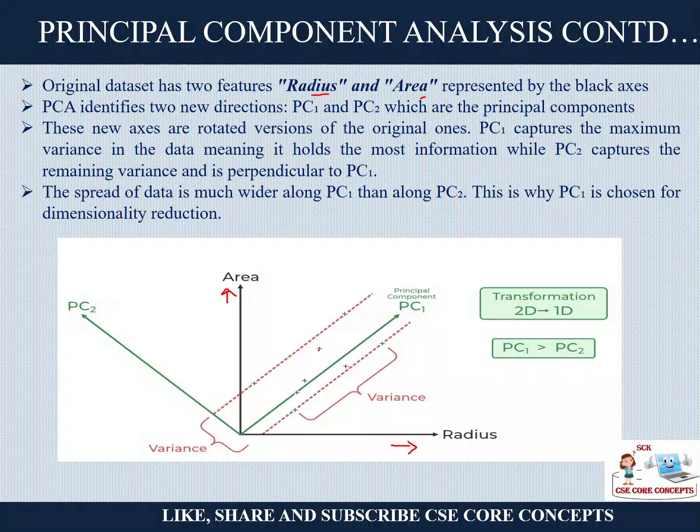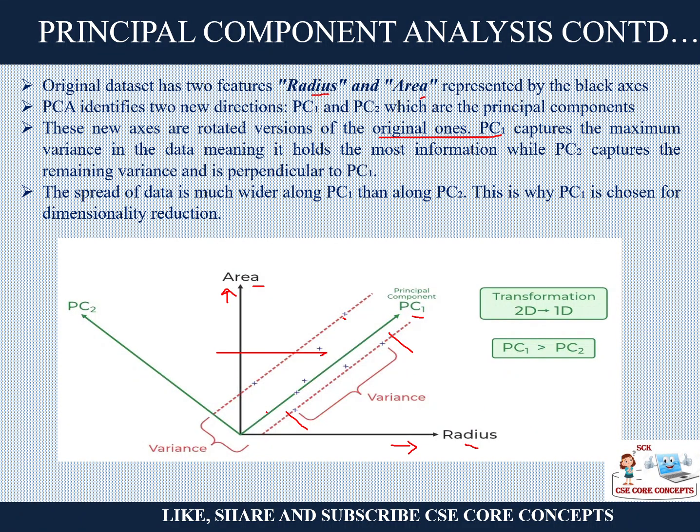So instead of keeping two features, area and radius, I can derive a principal component. Now how are we going to do this? We have two principal components. PC1 is going to capture the highest variance. These small x points are the data points. Principal component 1 is capturing the highest variance from here to here; that is the range of variance in the data.